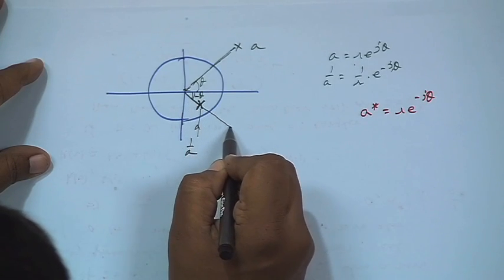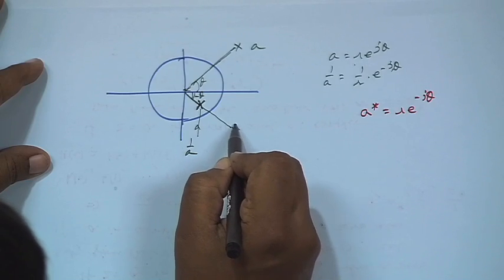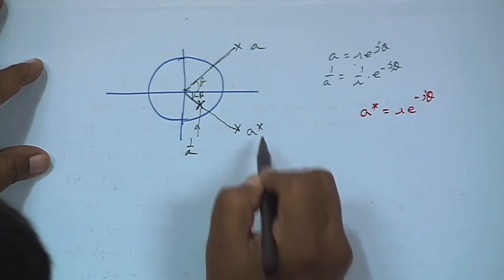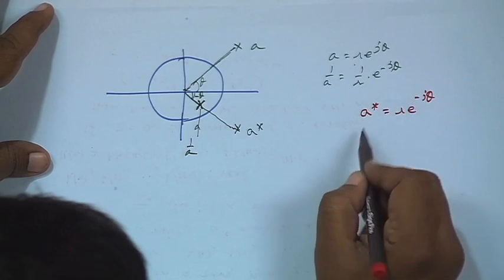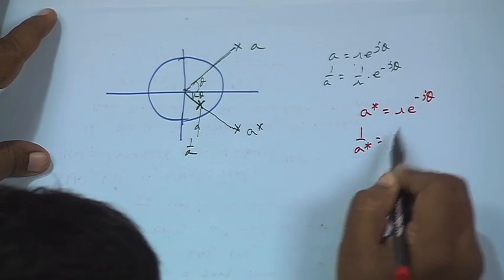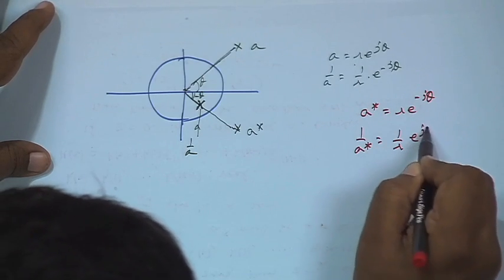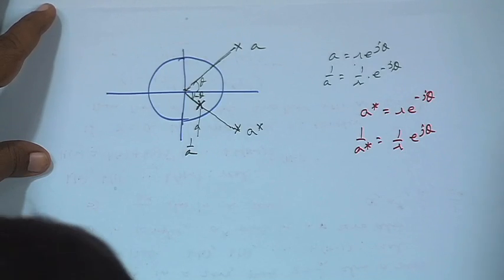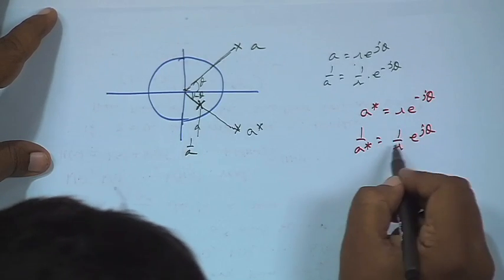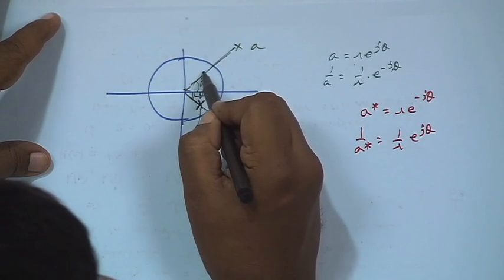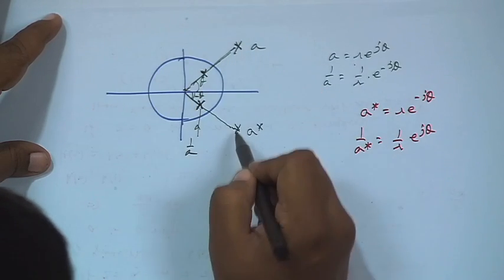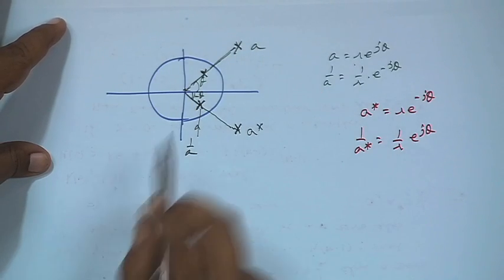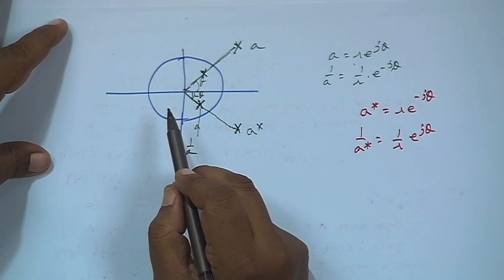This is A star, and 1 by A star is another root, which will be 1 by r e to the power j theta. So the angle is again plus theta, but the magnitude is 1 by r, which is less than 1. These are the 4 roots and they form a quadruplet.